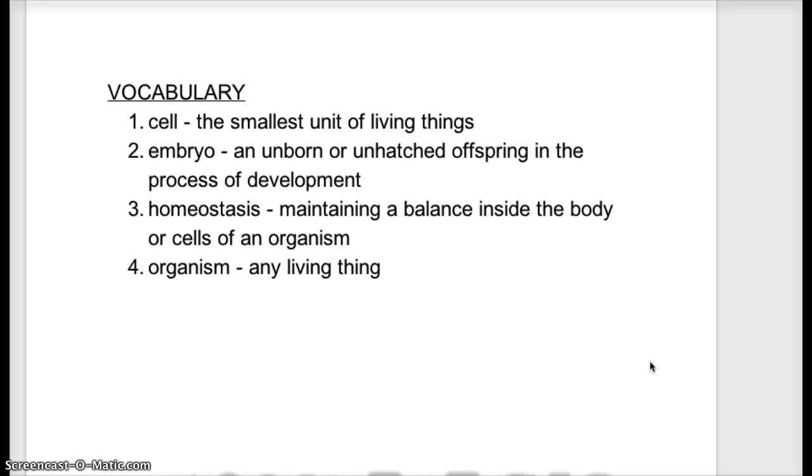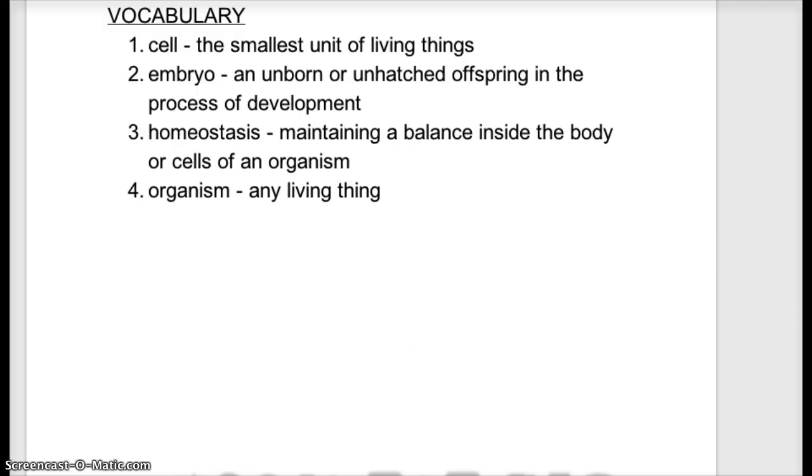Once you have all of this copied into your notebook, I want you to go ahead now and open your text to chapter 2, What is a Living Organism? And find lesson 1 called The Characteristics of Living Organisms. Go ahead and read through this, and we're going to discuss this tomorrow.